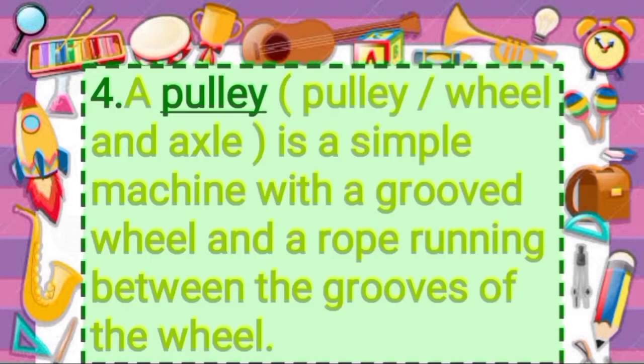Now next question: a dash is a simple machine with a grooved wheel and a rope running between the grooves of the wheel. First option: pulley. Second option: wheel and axle.